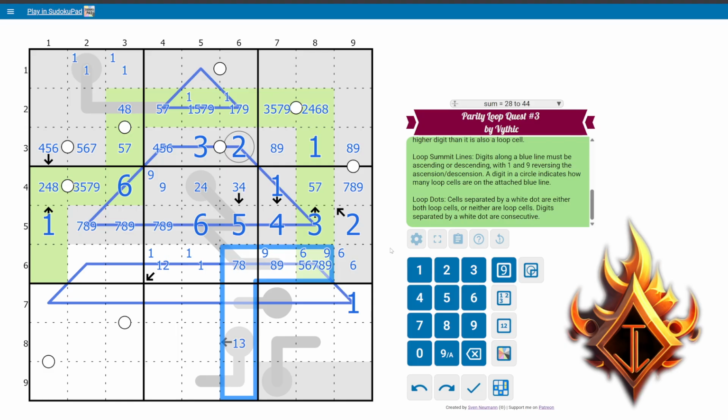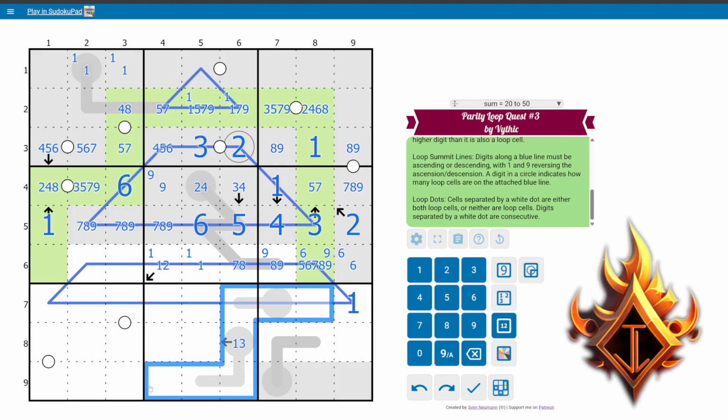That seems okay. If that is 9, then it goes straight through. And then I guess it would have to turn and turn again.